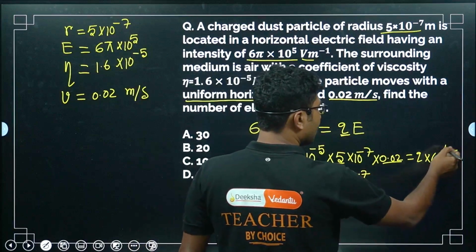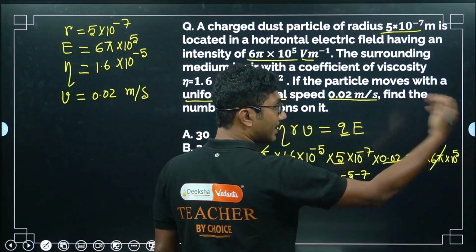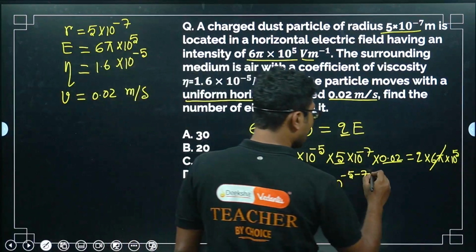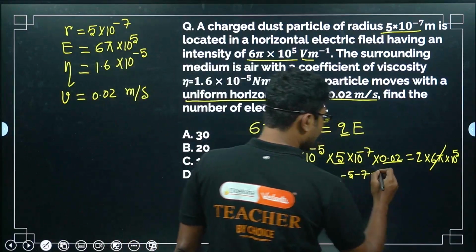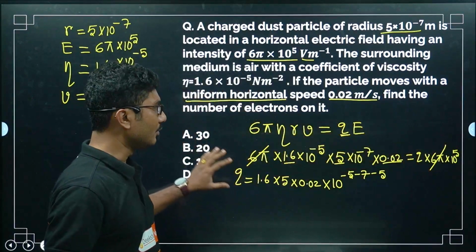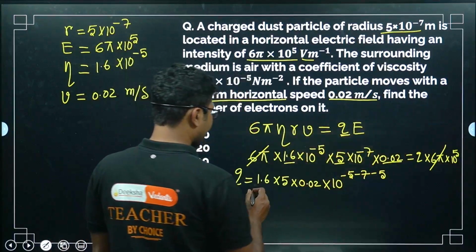And once this 10 to the power of 5 comes to this side, it will also become minus, since it was on the right hand side and now I am writing it on the left hand side. So I am writing the left hand side first, Q, then I am just transferring all the 10 to the powers. Now let's calculate.